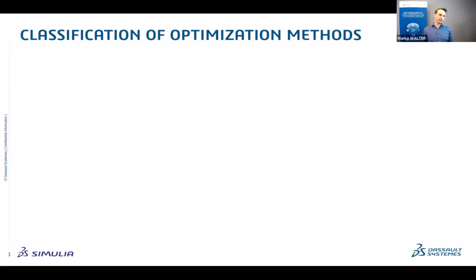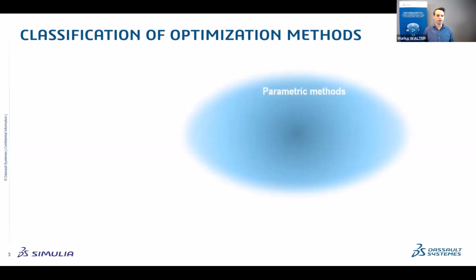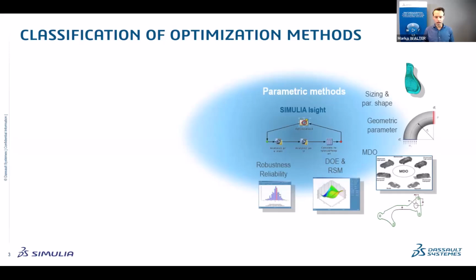Now, we need to first classify the different optimization methods. Specifically, what we have available within the portfolio of SIMULIA is the parametric methods, which was just discussed in the previous presentation.